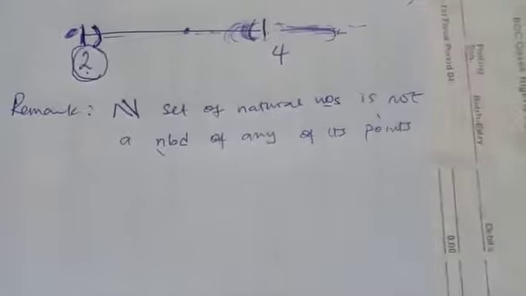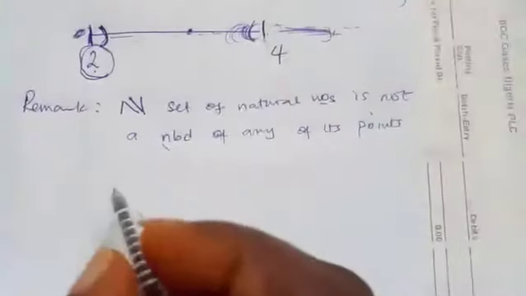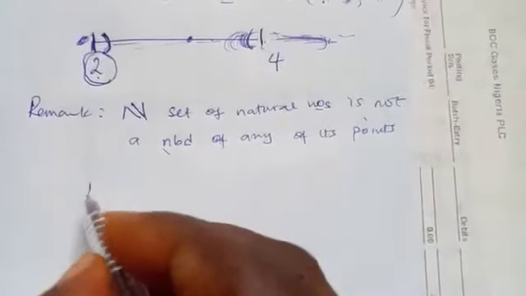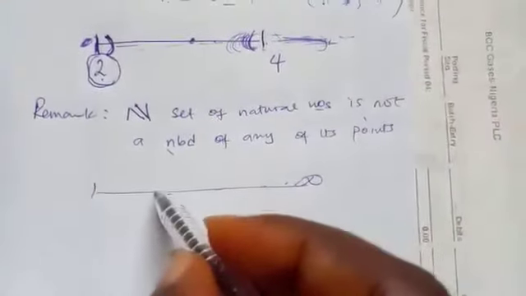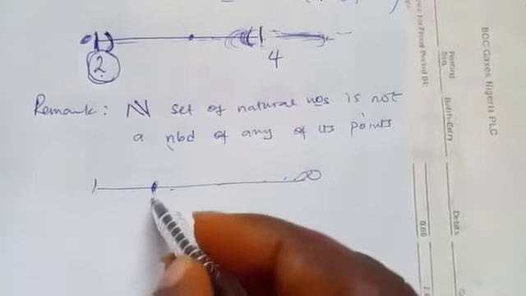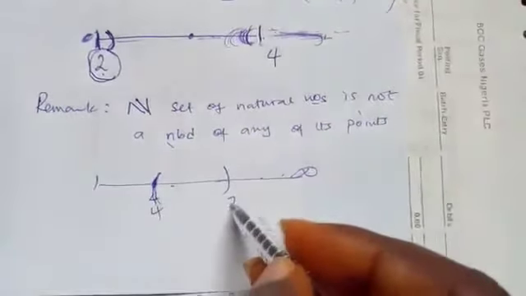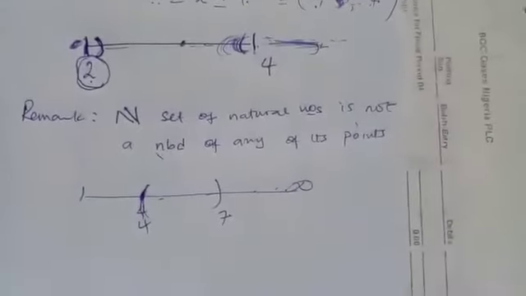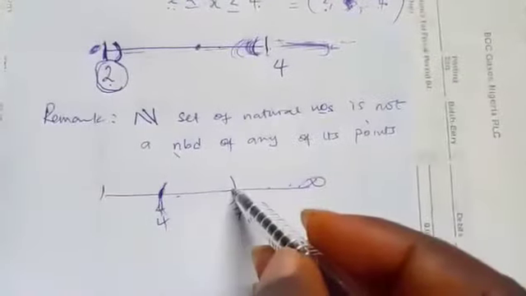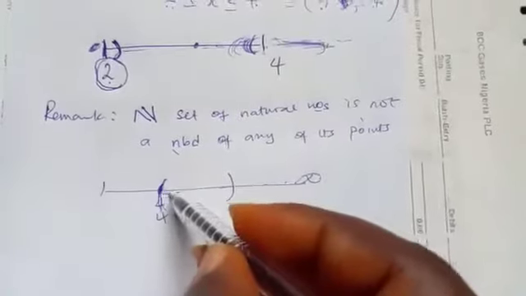Another one, N, the set of natural numbers. It's not a neighborhood of any of its points. For instance, if you consider natural numbers, let's say 1 to infinity, whatever we pick here, let me say I pick the open interval, let's say (4, 7).